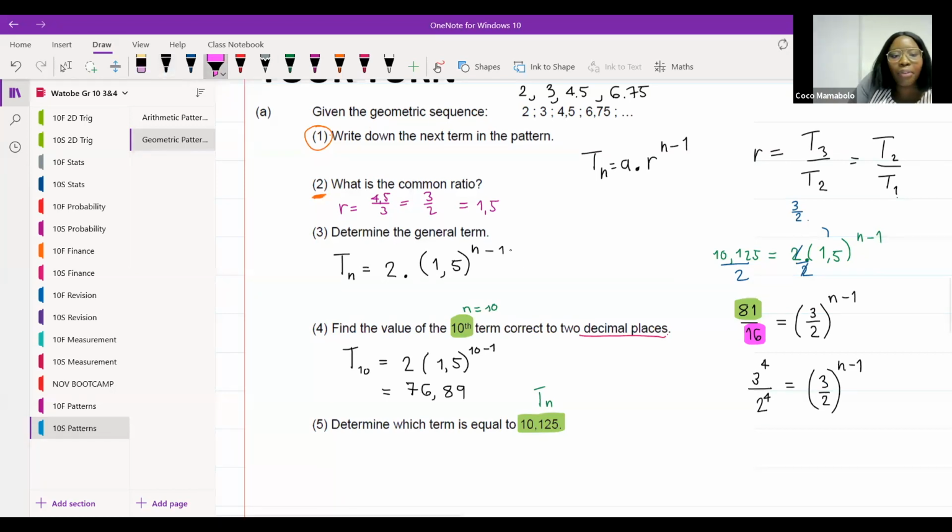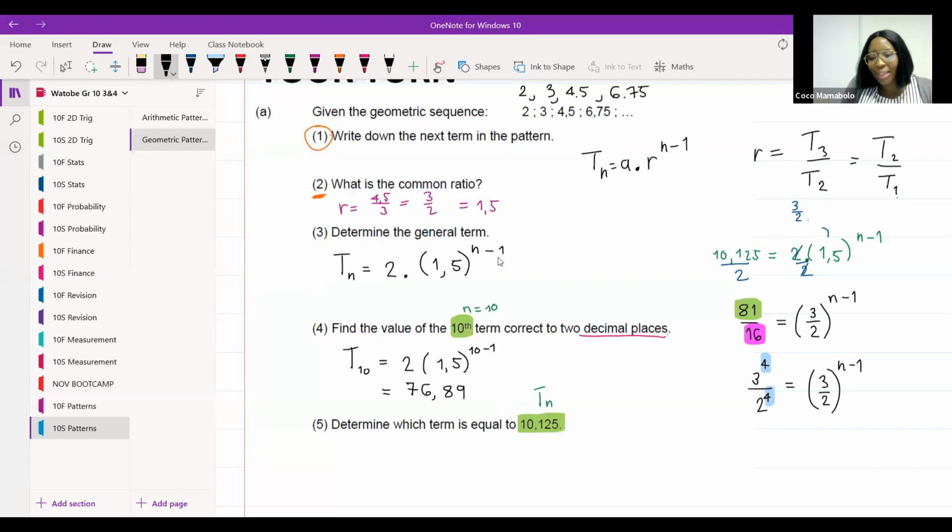Give me a thumbs up if we all agree that those two numbers on this side both have 4 as a common exponent. Yes? You with me? Excellent. So I'm going to take the common exponent out.